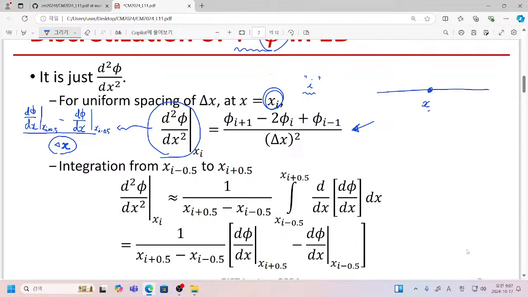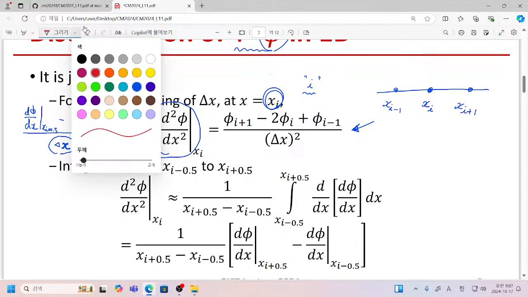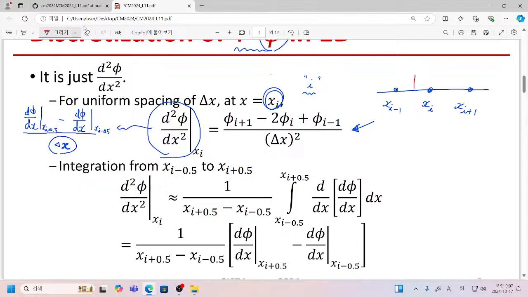Let's say that this is a delta x and this is delta x sub i, and this is x sub i minus 1, and this is x sub i plus 1. Then we are now doing this job. Evaluate the first derivative at this point and evaluate another first derivative at this point and take the difference.